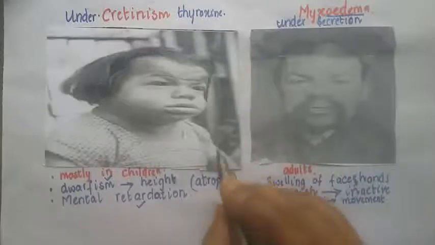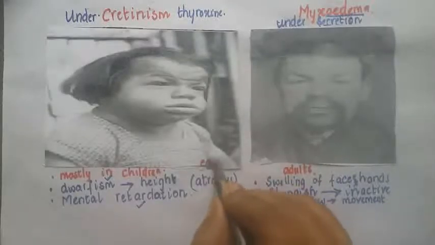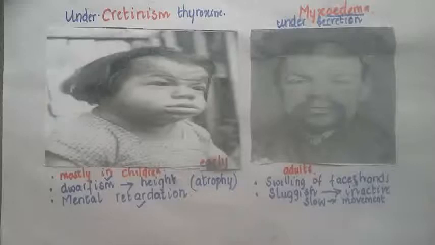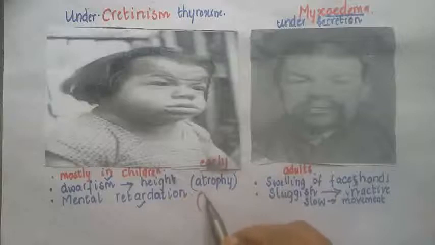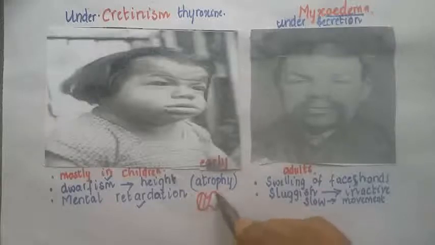We call it atrophy, or we name it early atrophy. What is the meaning of atrophy? When the thyroid gland undergoes degeneration.